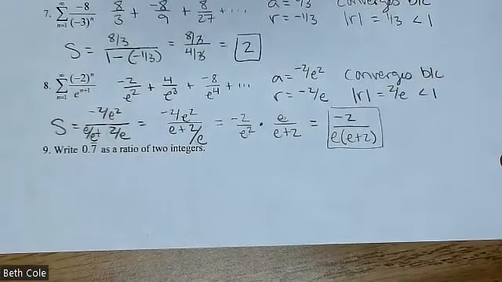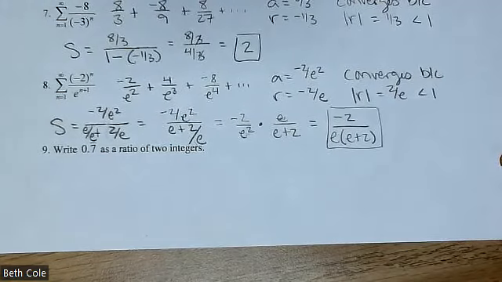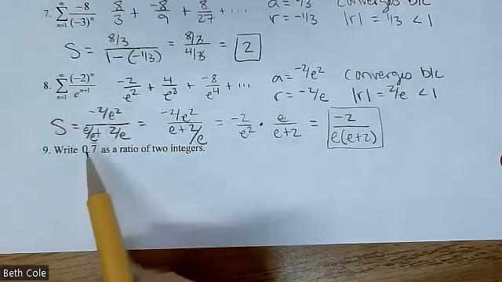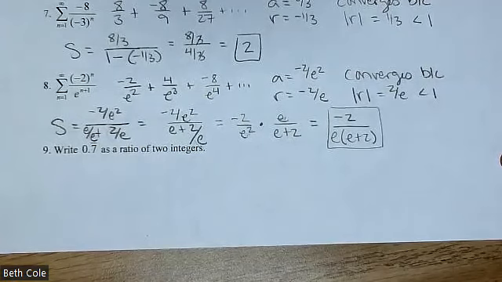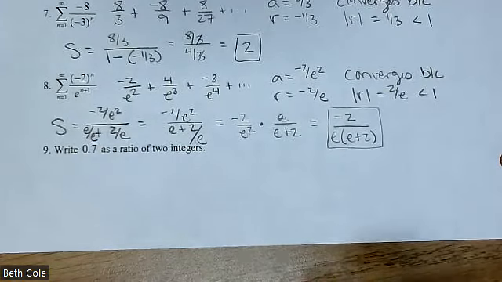This last one makes me so happy. And after we do this one, I'll make up another one so you can see how this works, because it's just super cool. If you wanted to know what 0.7 repeating was in fraction form, because it's 0.77777 forever and ever, you can write it as a geometric series. Watch.